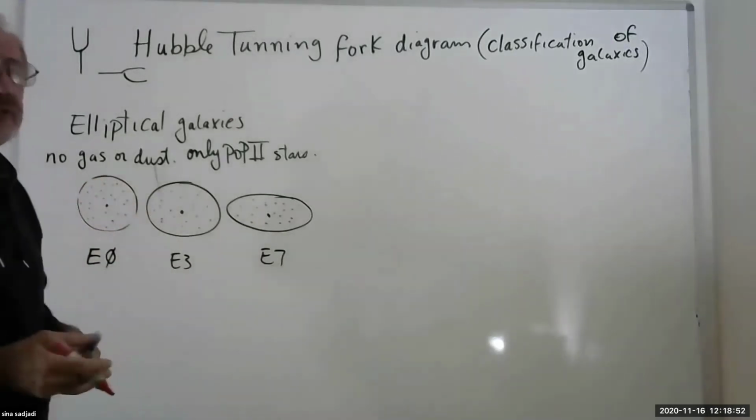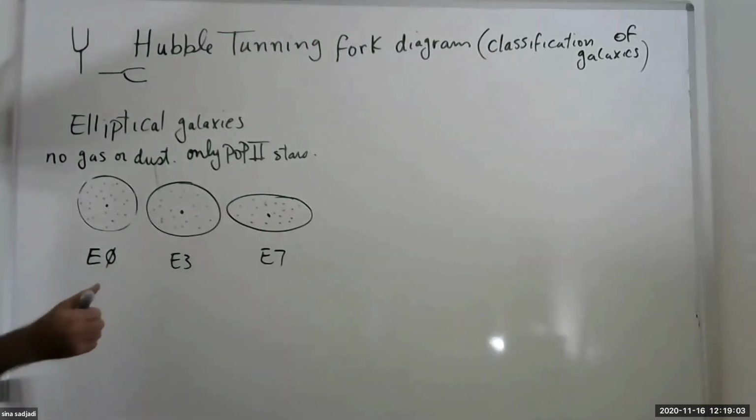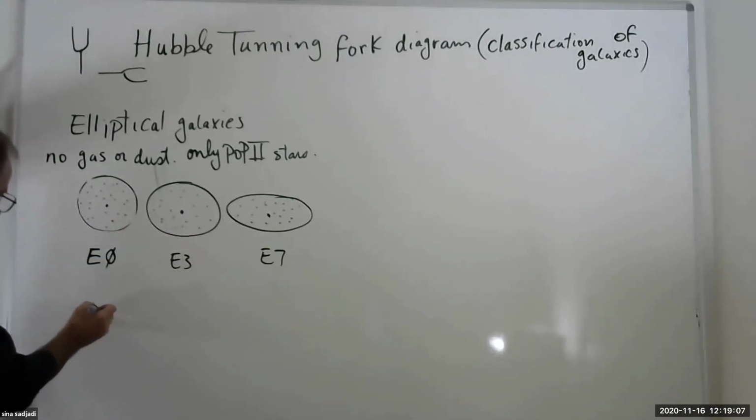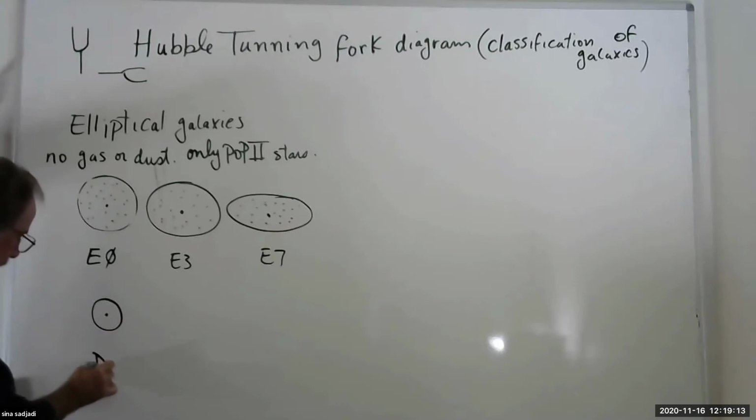The dust and gas has already been used up. There's no dust and gas left. Star formation is finished. And then there are some galaxies that are just like these, but they're miniature, little tiny ones. So we call them the dwarf ellipticals. And they're the same exact thing, except they're tiny versions. These are the dwarf ellipticals.